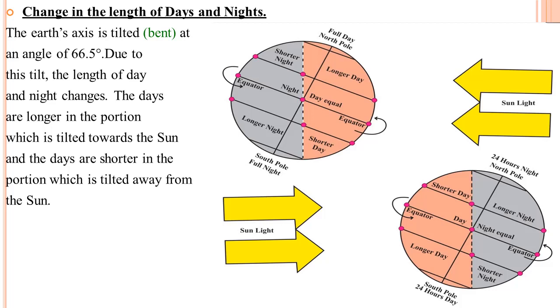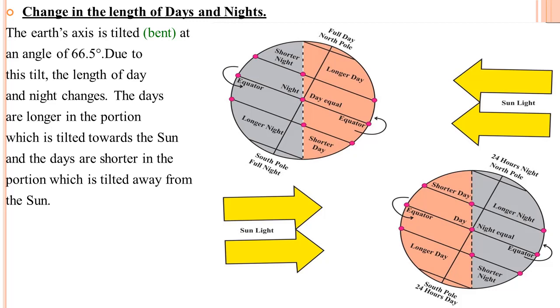In the given picture, you can see there are two yellow arrows which are showing the sunlight, and there is a picture of the planet Earth. We can see that it is divided into two parts, one part painted grey and the other part painted orange, and there is a detail about the length of the days and nights of the planet Earth at a specific time.